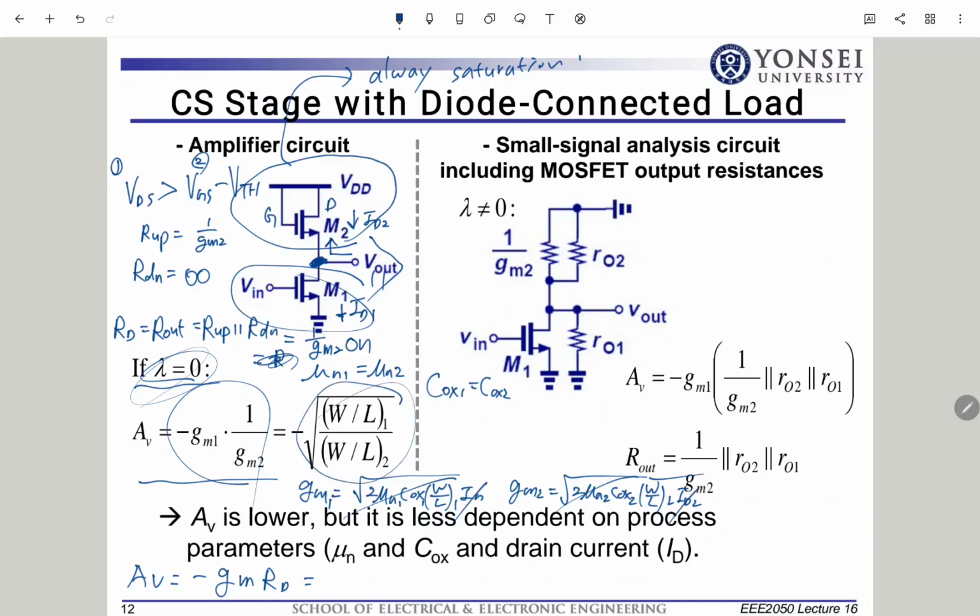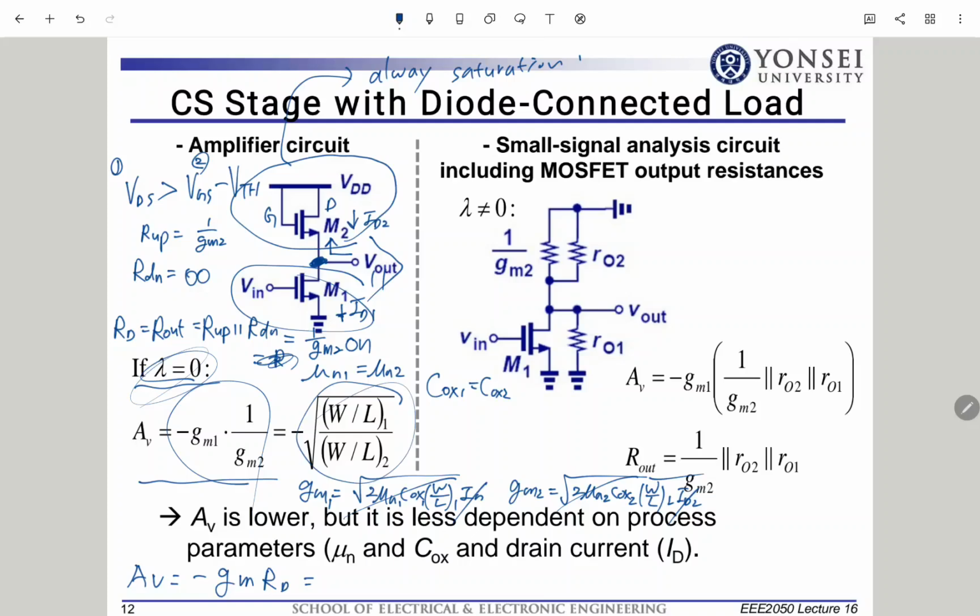Therefore, an amazing thing can happen, right? The voltage gain is expressed only in terms of W over L of each transistor. Hey teacher, what is good about this configuration?